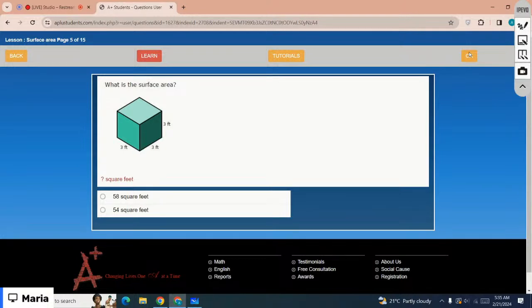That is a square. All the shapes, all the faces are square, right? That means that is a cube. So the area of one face is 3 times 3, that is 9.